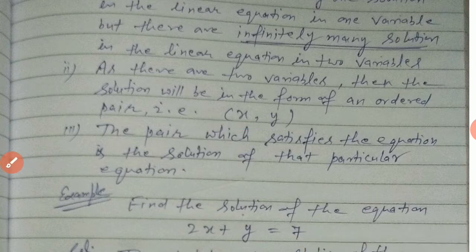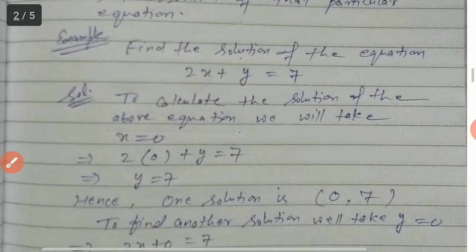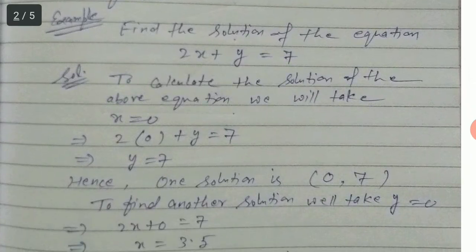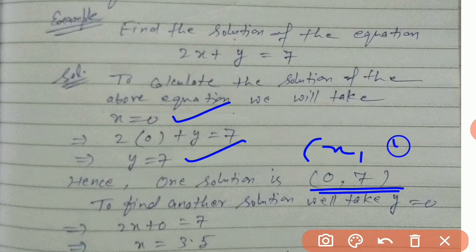Let's take an example. Find the solution of this equation. Here, when we put x equal to 0, then we get y equal to 7. So 0 and 7 will be one solution. Here we write in the form of x and y.